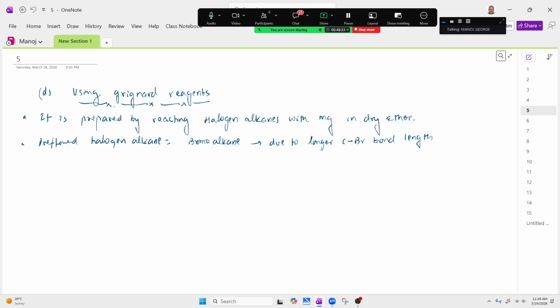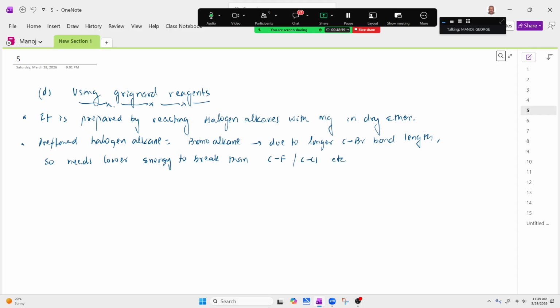Because it has a longer bond length, it needs lower energy to break. Does that make sense? Lower energy to break than CF or CCl, etc. We don't take the iodo one because normally the bromo one is the most stable common.